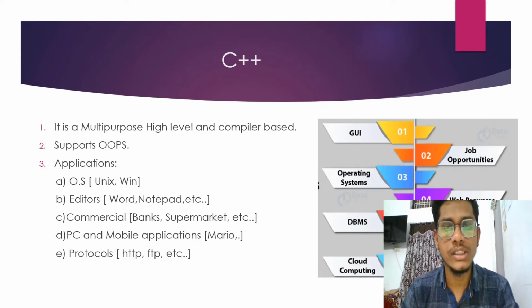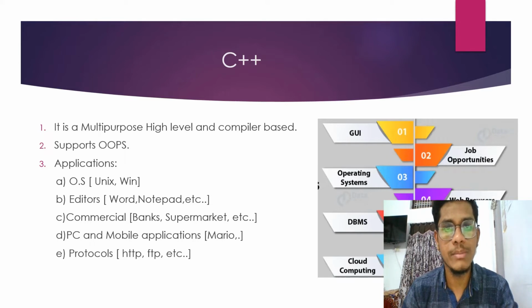We say that C++ supports OOPS, but it does not fully support OOPS. It is not supporting 100% of OOPS compared to Java. Java supports OOPS 100%, whereas C++ supports it, but not up to 100%.